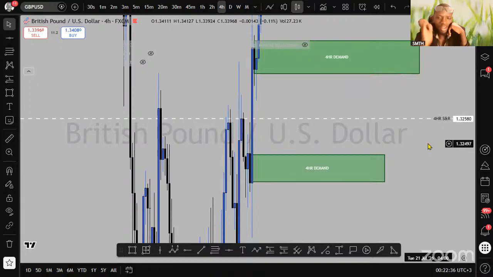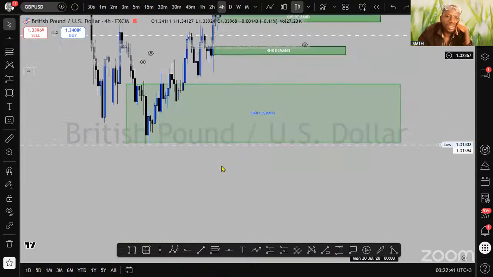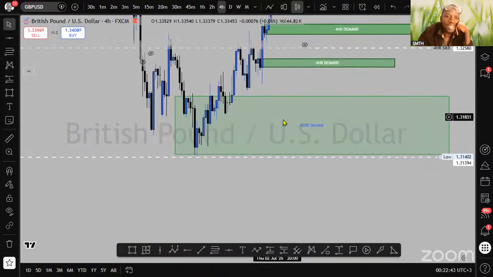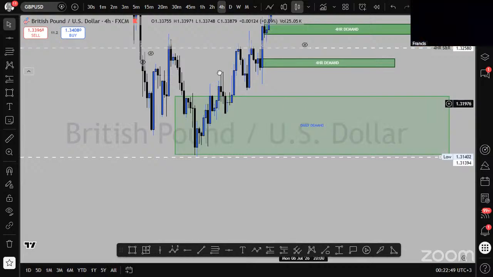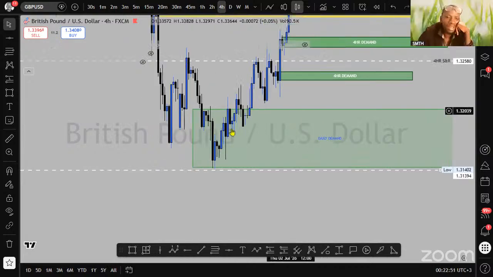So I've covered that area. Good. Now you can see how my biggest daily demand looks now in the 4-hour. Have you seen why this whole area in the 4-hour is demand? Can you be able to see it?